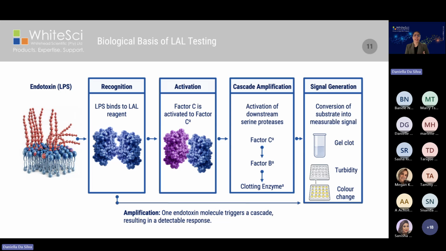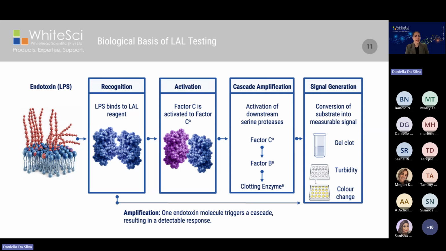Now that we've discussed where LAL technology originates, let's look more closely at the biological mechanism that makes these assays so sensitive. At the center of the process is endotoxin recognition. When an endotoxin is present, it will activate a protein known as factor C. This is the initial recognition event, and it is essential as it serves as the trigger for the entire cascade going forward.